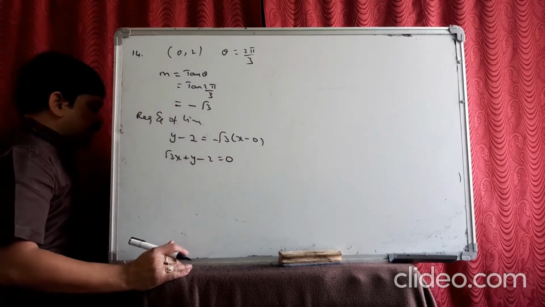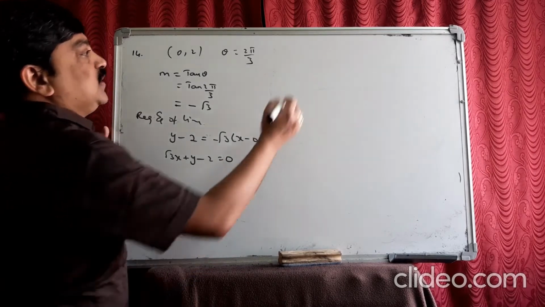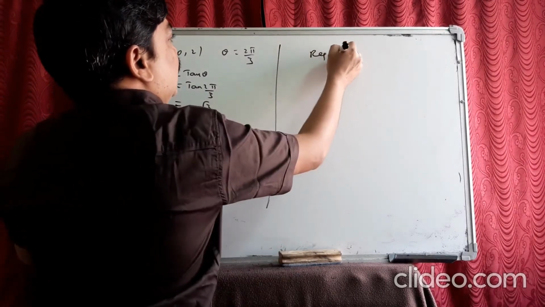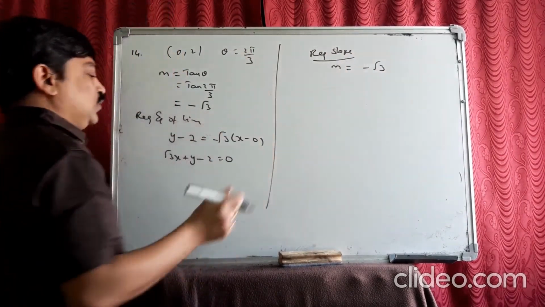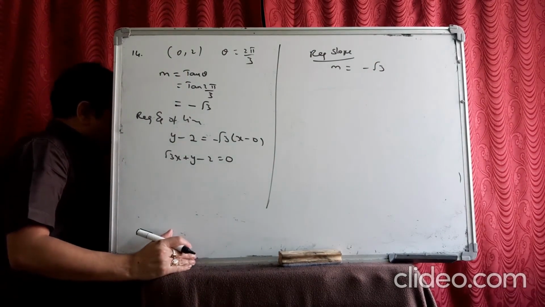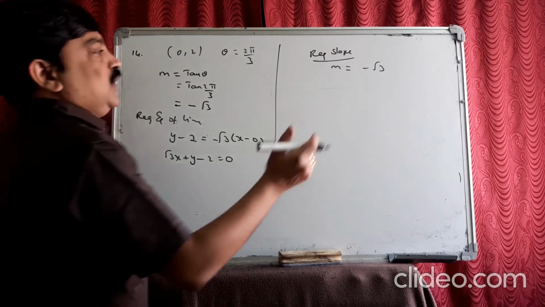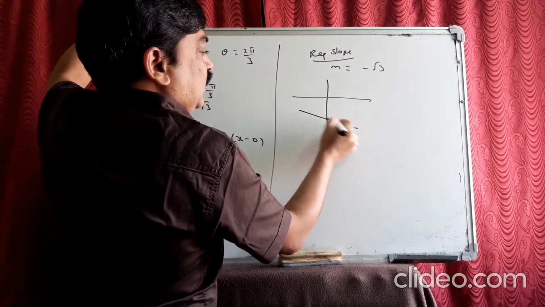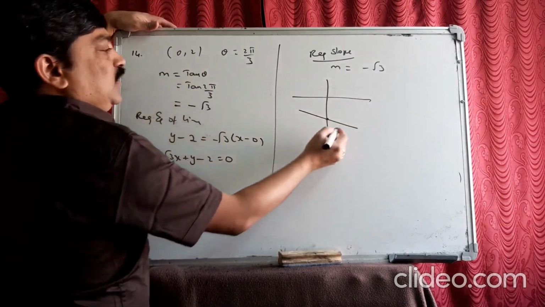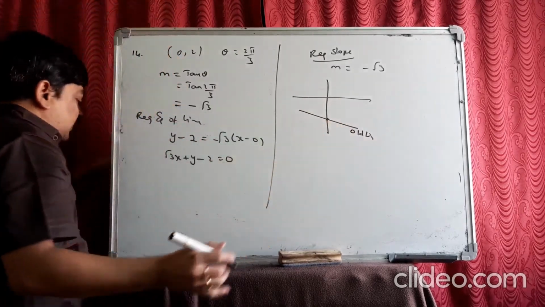Now in the second part, what did they say? Also find the equation of the line parallel to it. Parallel to it means the required slope will be the same. The required slope is m equal to minus root 3, parallel to the old line, crossing the y-axis at a distance of 2 units below the origin.